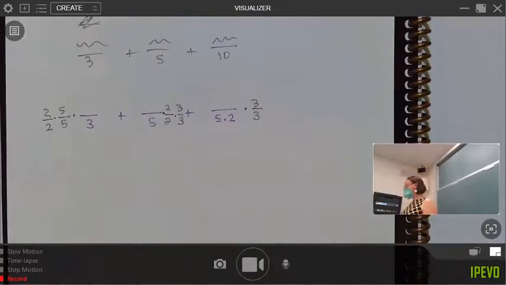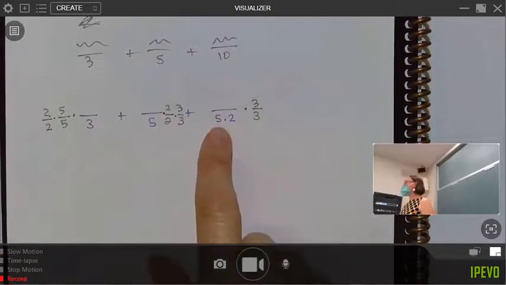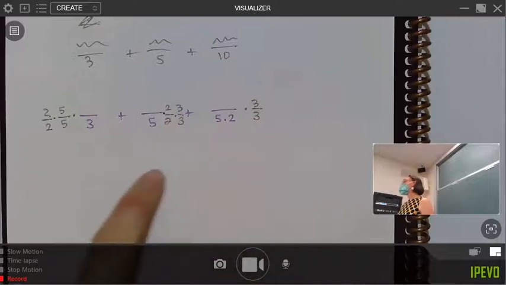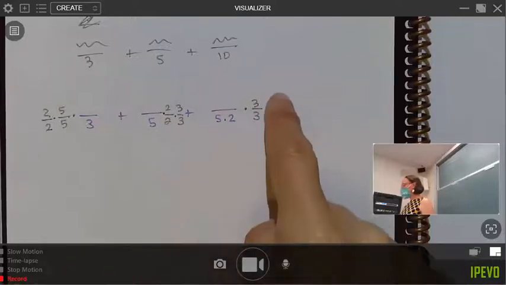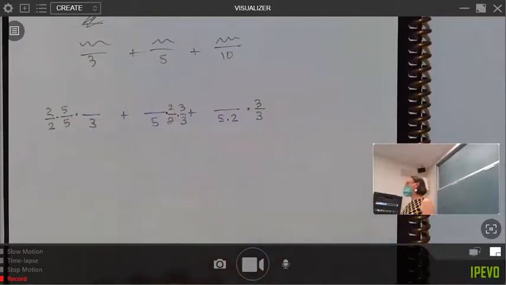We absolutely could take that other 5 as well, but it would not be our lowest common denominator because we already have everything with the same denominator right now. So if you take the additional 5, it's not wrong. It just means that you would end up multiplying every single term by 5/5.